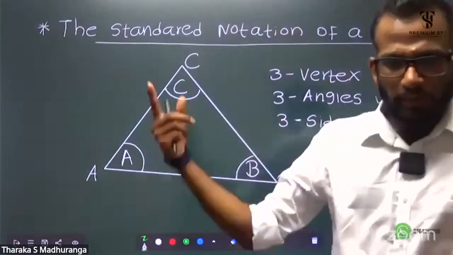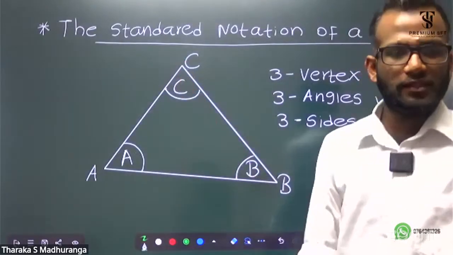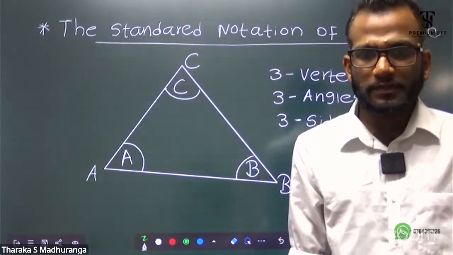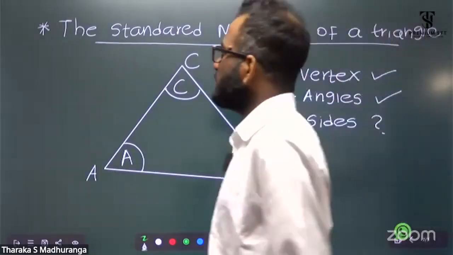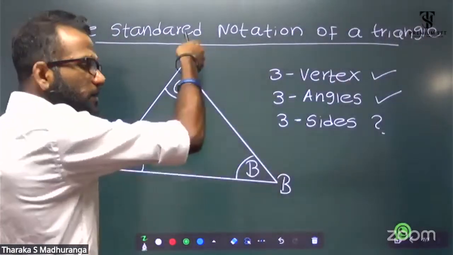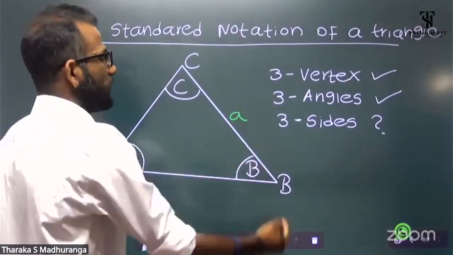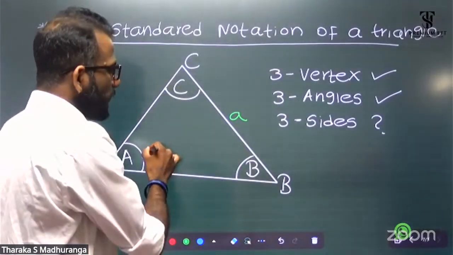Yeah, it's a normal method. BC, BA, AC, they are normal methods. It is not a standard way. Okay, this BC side we call small a. This is the side opposite the angle, right?